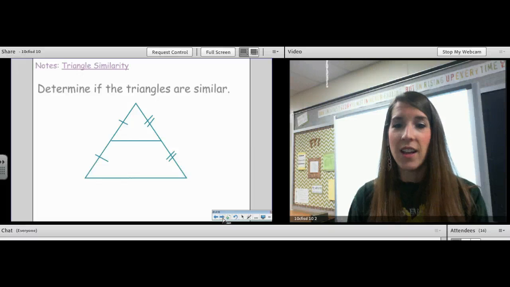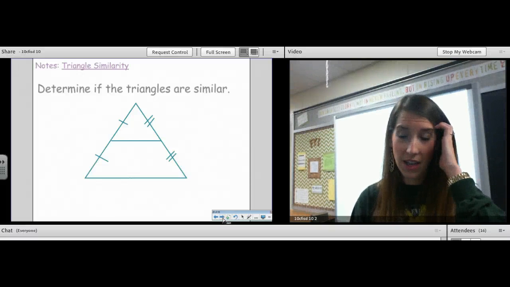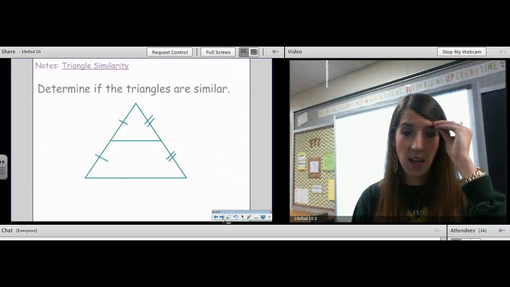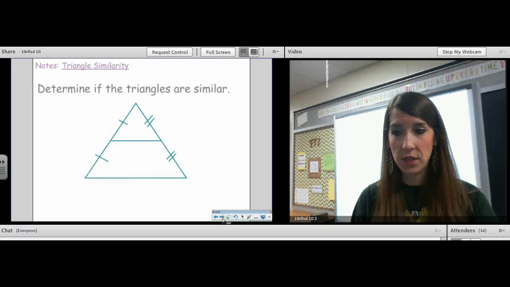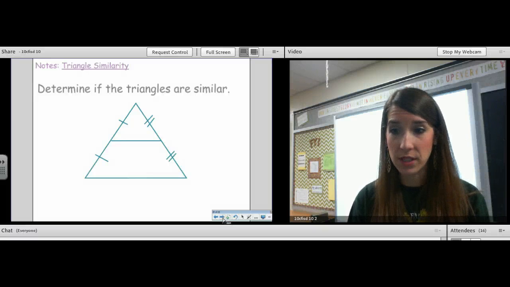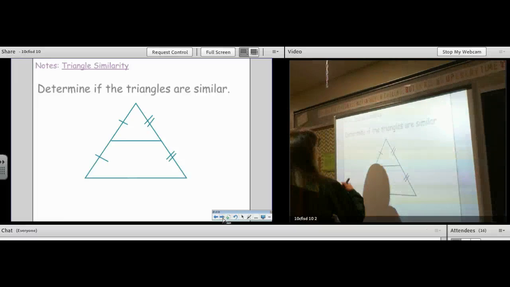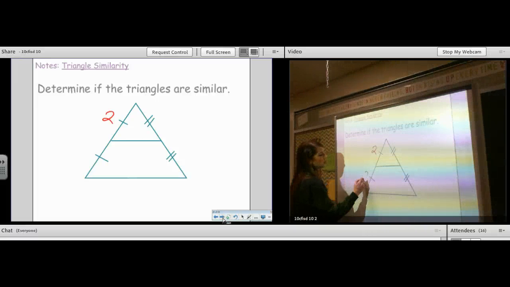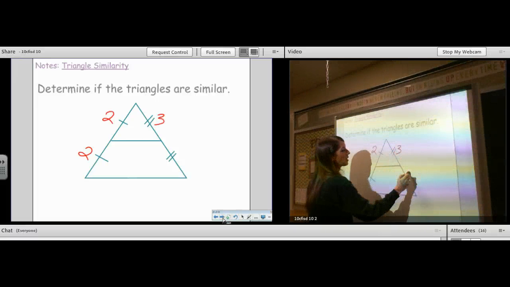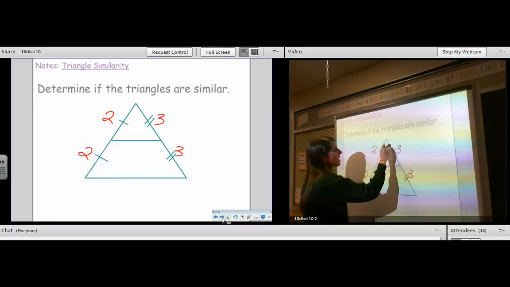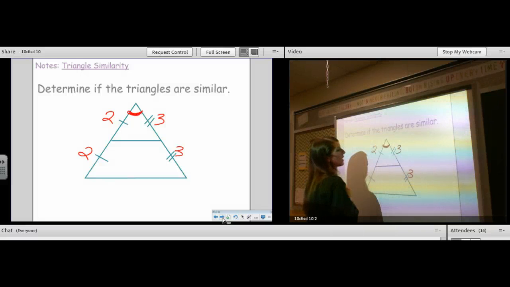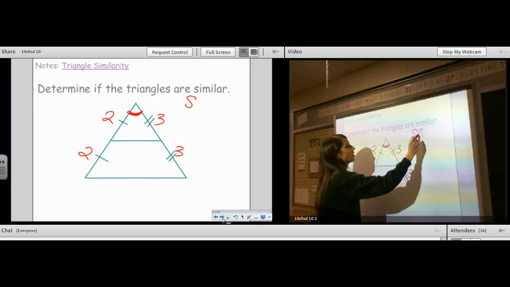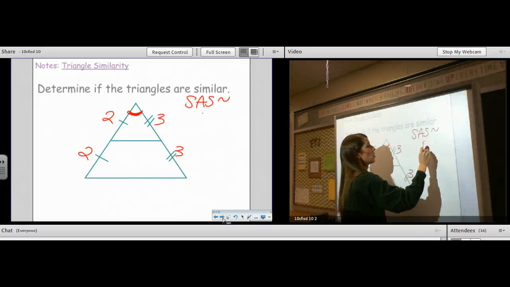If you know that they're similar and you feel confident about your answer, that's awesome. If you don't know if they're similar, then make up numbers. Let's make up numbers. I'm going to say this is 2 and 2. And I'm going to say this is 3 and 3. This angle, do you agree, is congruent to itself. So I think it's either going to be side angle, side squiggly, or it's going to be none.